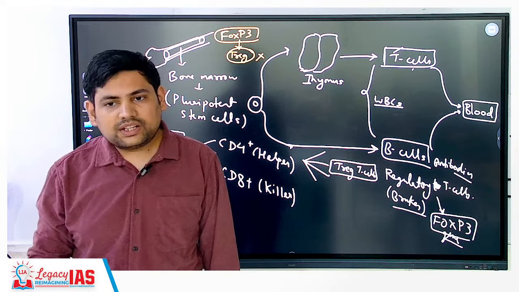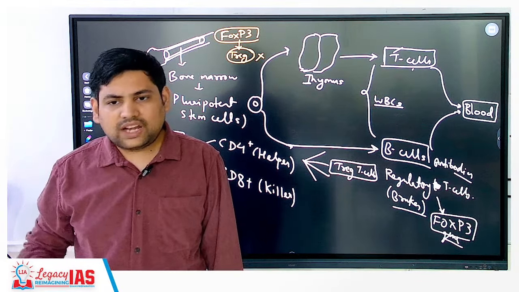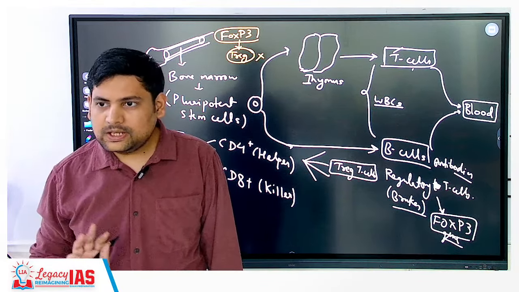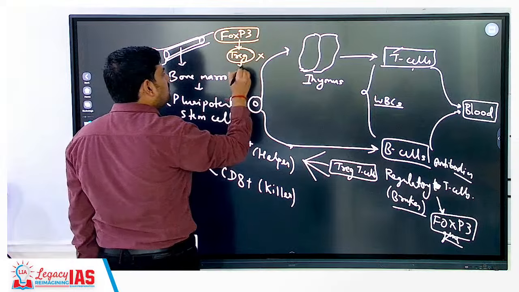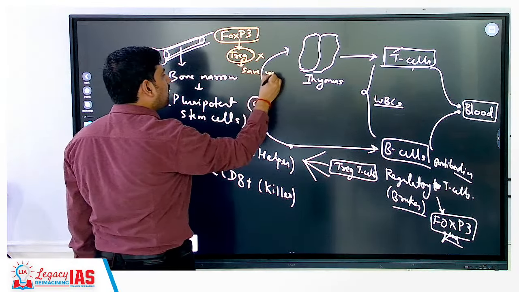For example, in type 1 diabetes, what happens? It destroys the cells that produce insulin. Similarly, in different kinds of cancer also, you have similar things. So if this connection is destroyed, your body will not save your non-infected cells, and you can have autoimmune diseases.